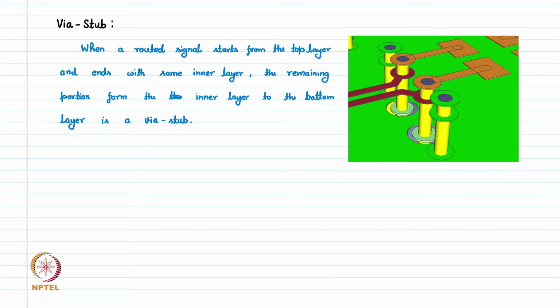So for example, in this diagram we have one trace which is, let's say, on the top layer. So this is our top layer.